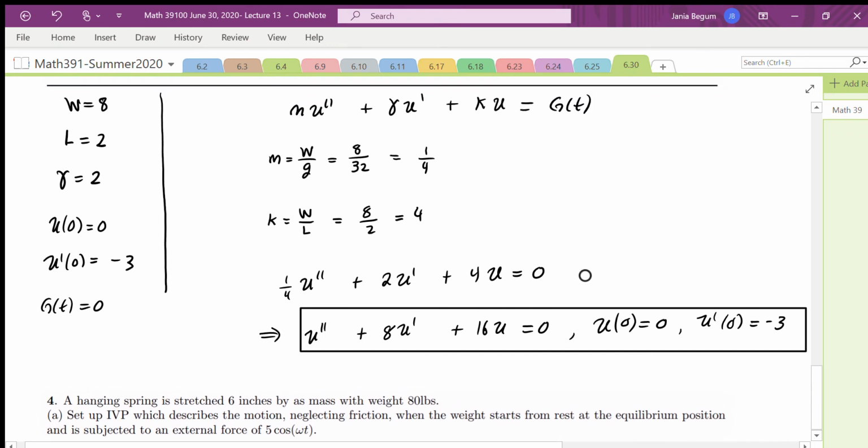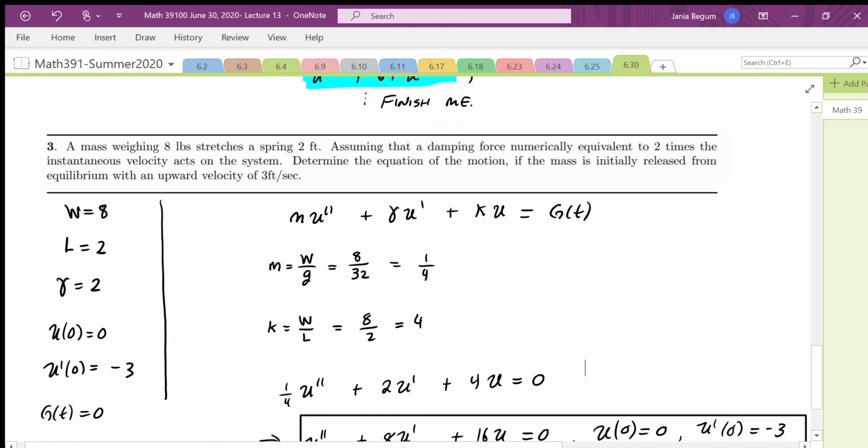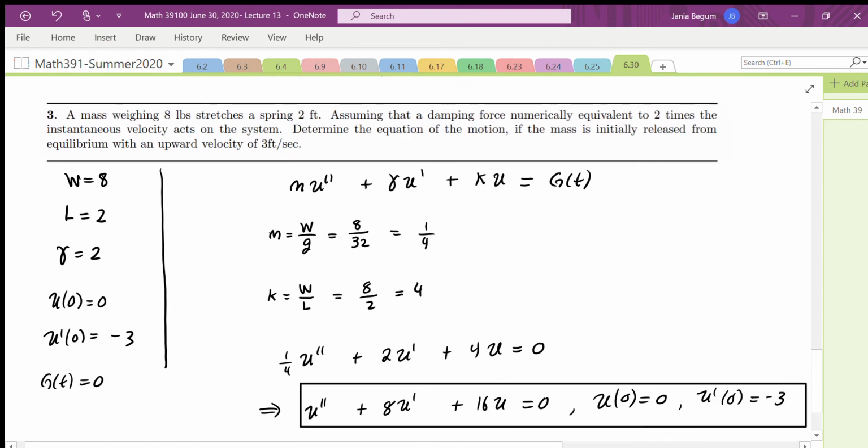You would write out the characteristic equation, and since it's homogeneous, you can either factor or use the quadratic formula. You will see if the roots are real and repeated, real and distinct, or complex. From there you can write out the solution. Any questions on number 3?